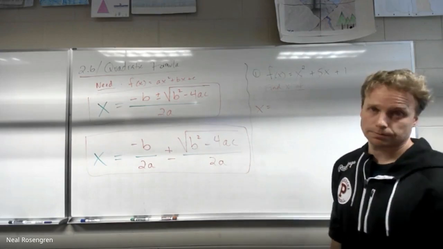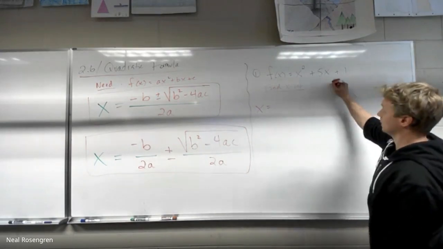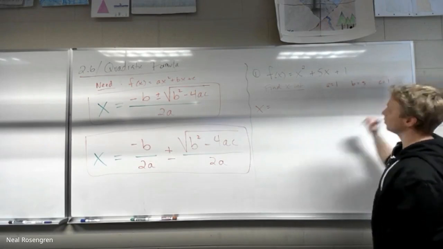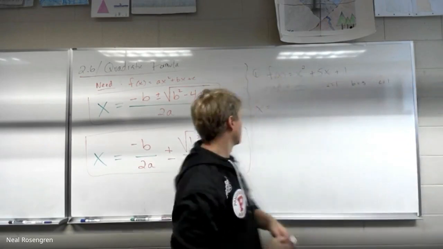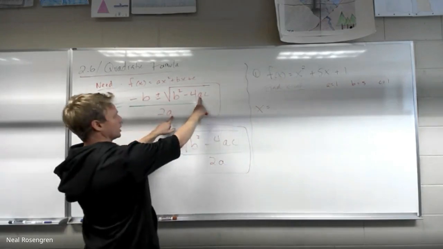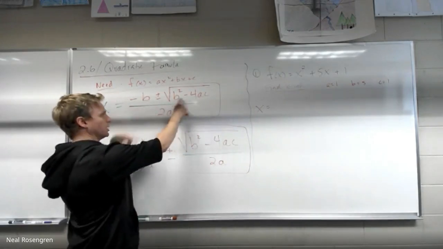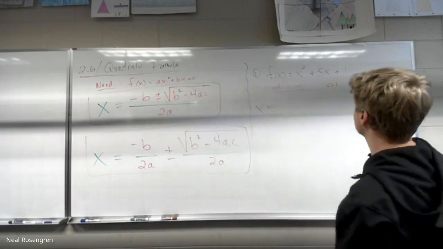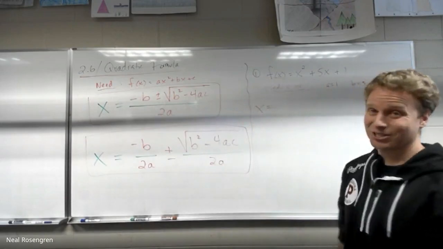x equals. Well, a being 1, b is 5, and c is 1. And now I need all three of them, right? Because a shows up twice, b shows up twice, and c also shows up once, finally kind of for the first time with the x-intercepts. And I just got to plug in the numbers.